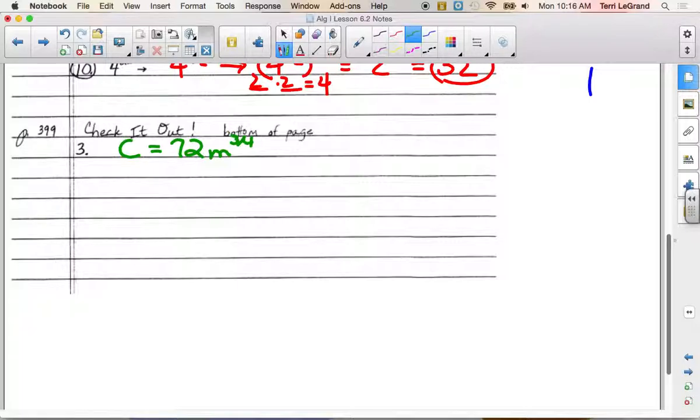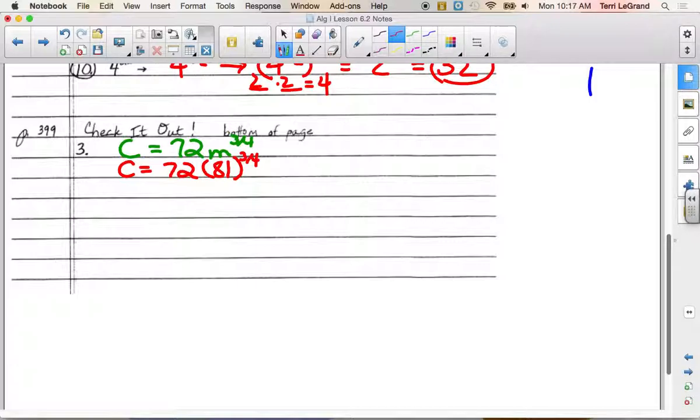So where are we going to put that 81 in? For M. Okay, so let's substitute in. C equals 72 times 81 to the 3/4 power.